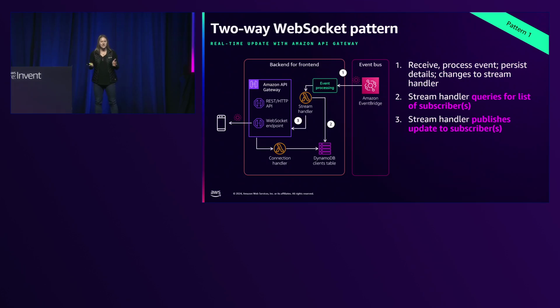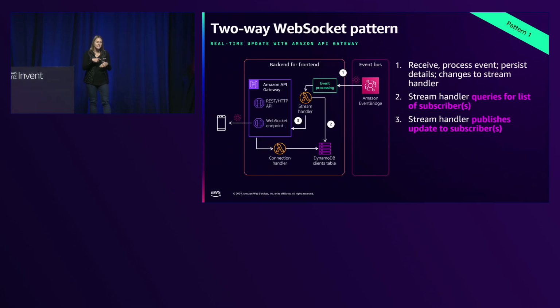You might already be starting to see in this pattern that connection management is a bit do-it-yourself, right? We're tracking clients as they're connecting and as they're disconnecting. The way that ties into our event processing workflow is once events are coming through our system, our stream handler is processing those events, might be doing some filtering, but it's also checking our clients table to see which clients are actually interested in these updates.